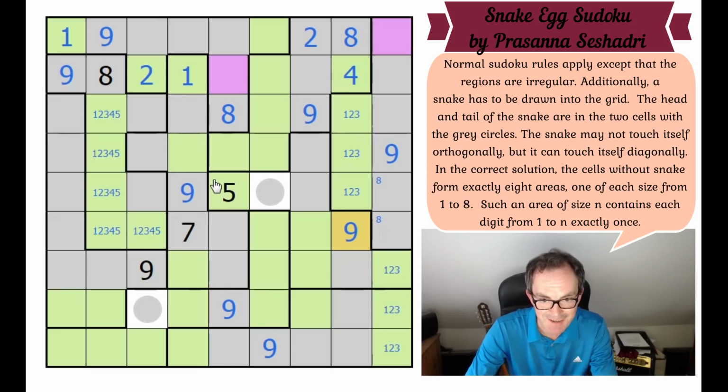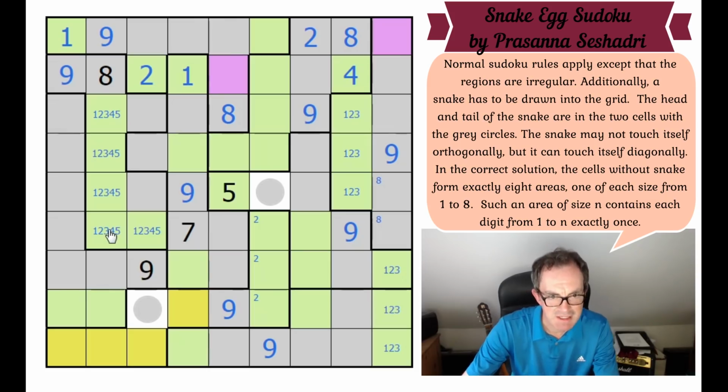Let me just stare at this for a minute. Now look, there's a 2 here. We know there's a 2 in this 6 region, so the 2 must live in that side of it. And we know there's got to be a 2 in this region. So now that 2 is not in those cells. Oh, good grief. This is very complicated.